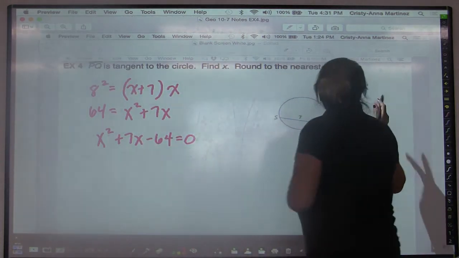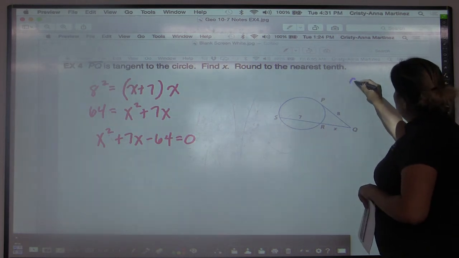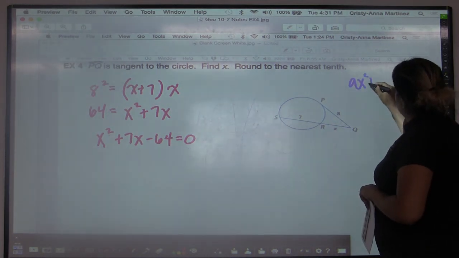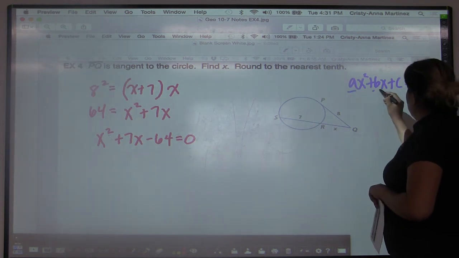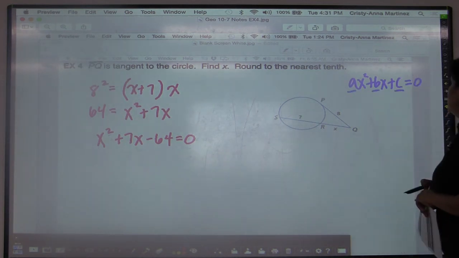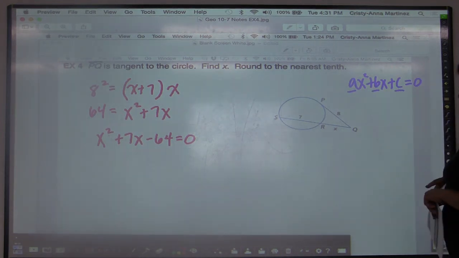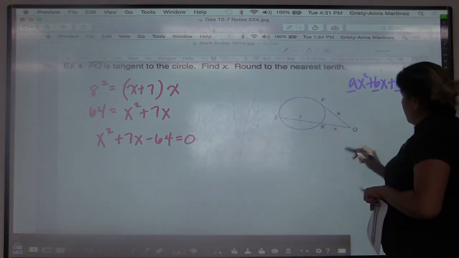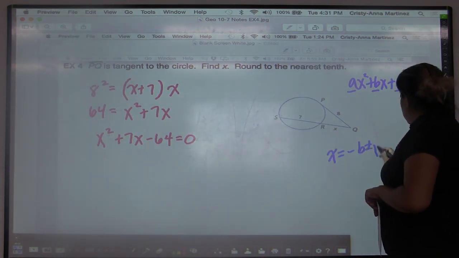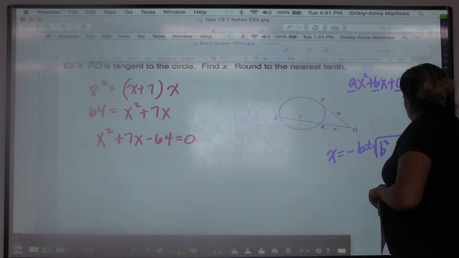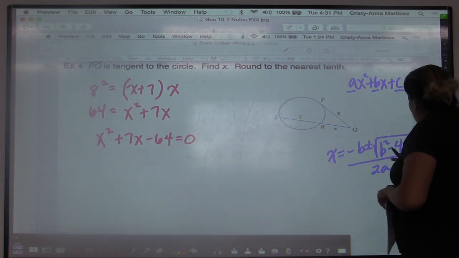And if you recall, I'll just put that over here. The quadratic formula was if you have ax squared plus bx plus c equals 0, so you have your a, your b, and your c. If you have a quadratic with those three variables in there, then the quadratic formula was x equals negative b plus or minus radical b squared minus 4ac all divided by 2a.